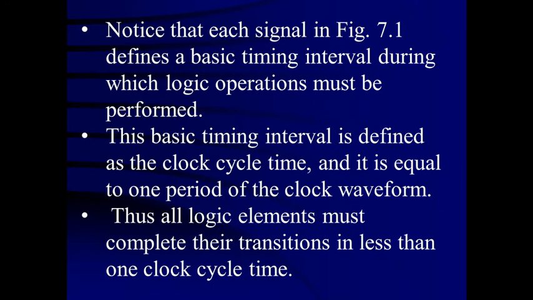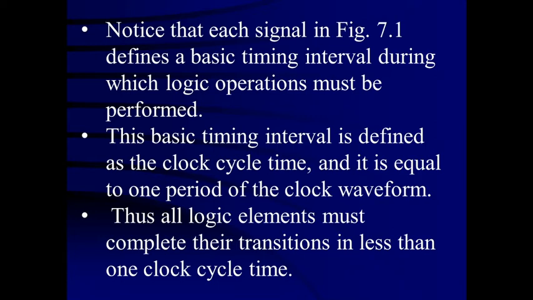That is important. Notice that each signal in figure 7.1 defines a basic timing interval during which the logic operation must be performed. This is very, very important. So, what is the basic timing interval? That is nothing but the clock cycle time. In a digital system, any operation is going to be performed, either a logical operation or an arithmetic operation.